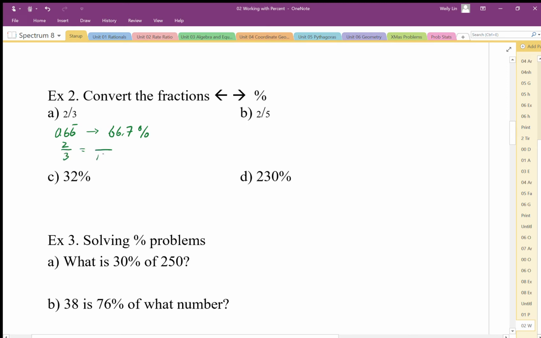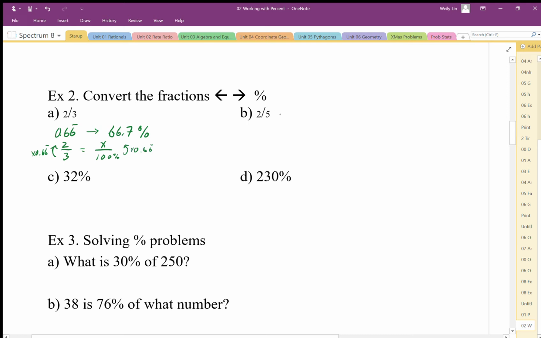It's going to be 2 to 3 as x to 100%, x% to 100%, part to whole, part to whole. Okay, and here's our decimal multiplier of times 0.66 repeating, and that's the same multiplier that we'll use on the other side.